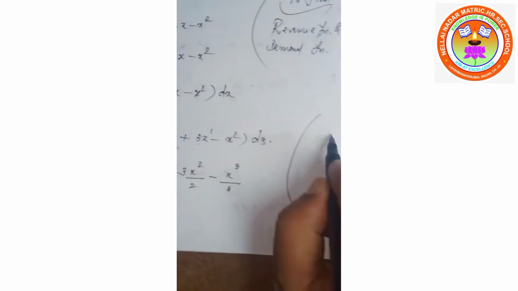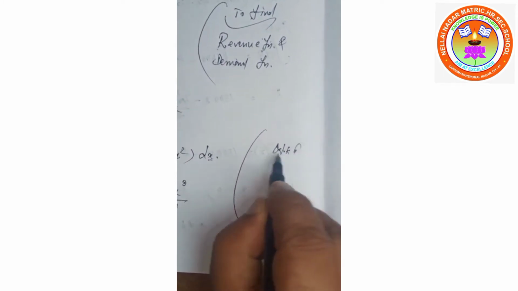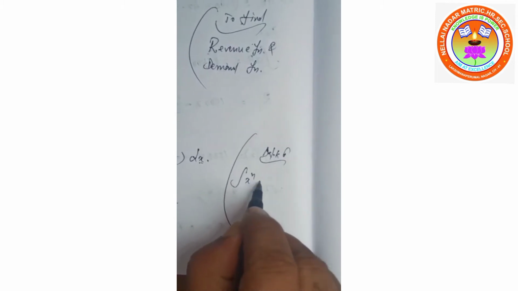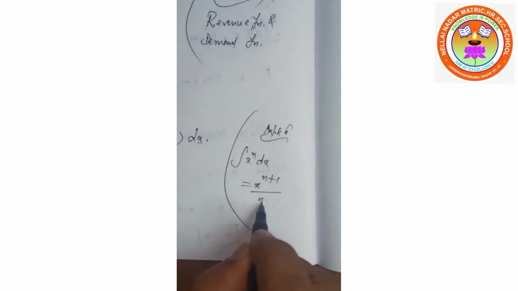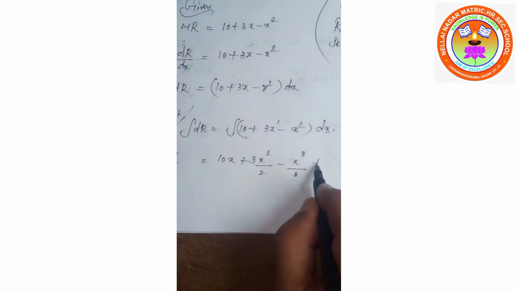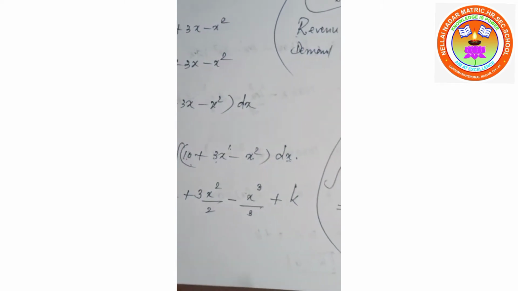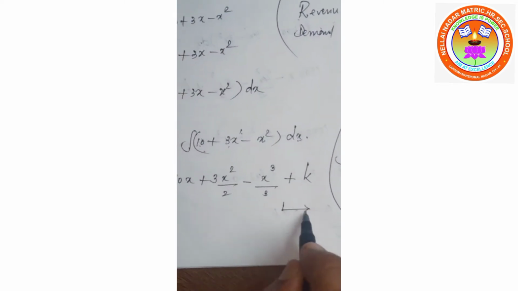Which formula have I applied? We know that integral x power n dx equals x power n plus 1 divided by n plus 1. Once the integration is over, as usual, you have to introduce the constant k. Let it be number 1.